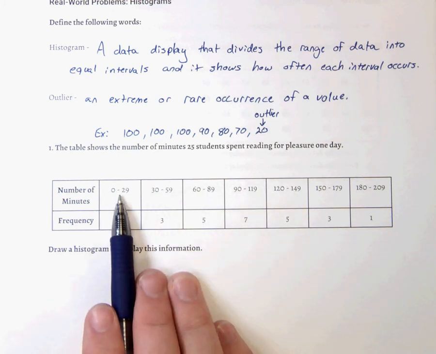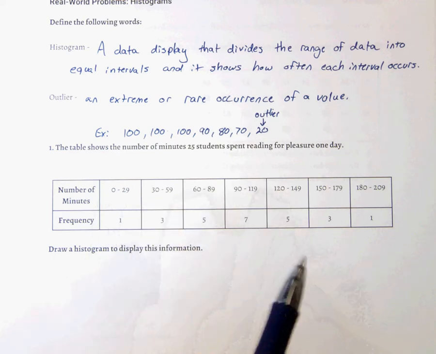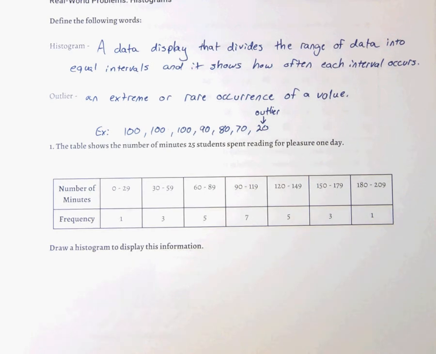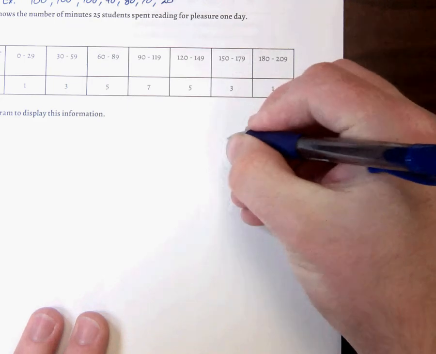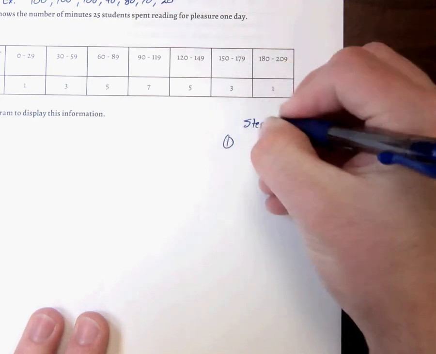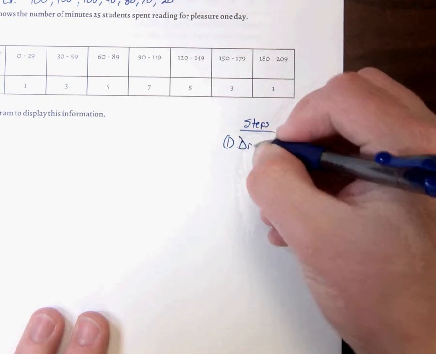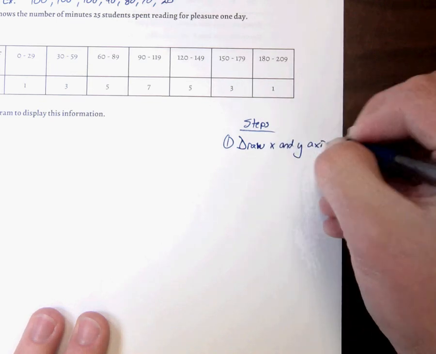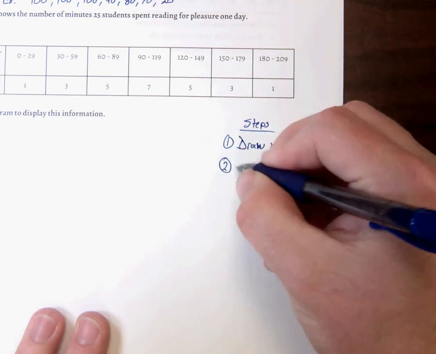So to create our histogram, we have 5 steps. Our first step is going to be draw your X and Y axis. Our second step is going to be use the top row of the chart for bottom numbers.